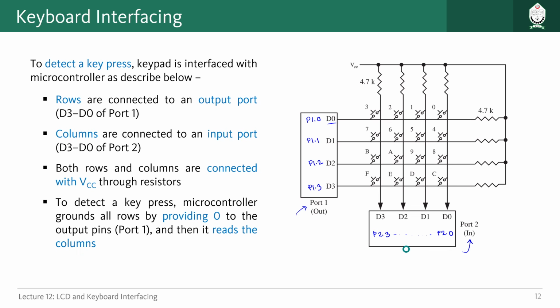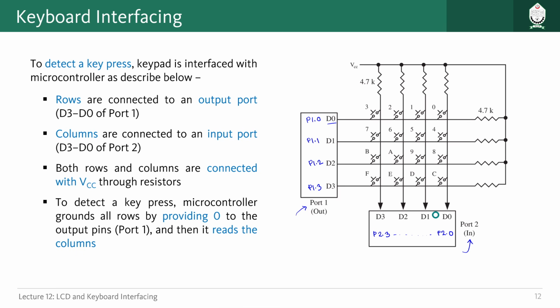If nothing else is affecting the input ports here, port 2 should get what? Because the columns are connected with VCC through a resistor, so it will basically work kind of like a pull-up resistor. So all of these pins will get logic high, logic 1, right?